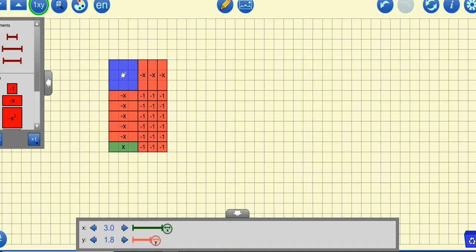So how do I make positive x squared? Well, I could have x multiplied by x, okay? Then how do I make my negative x's? Well, I need negative 1.